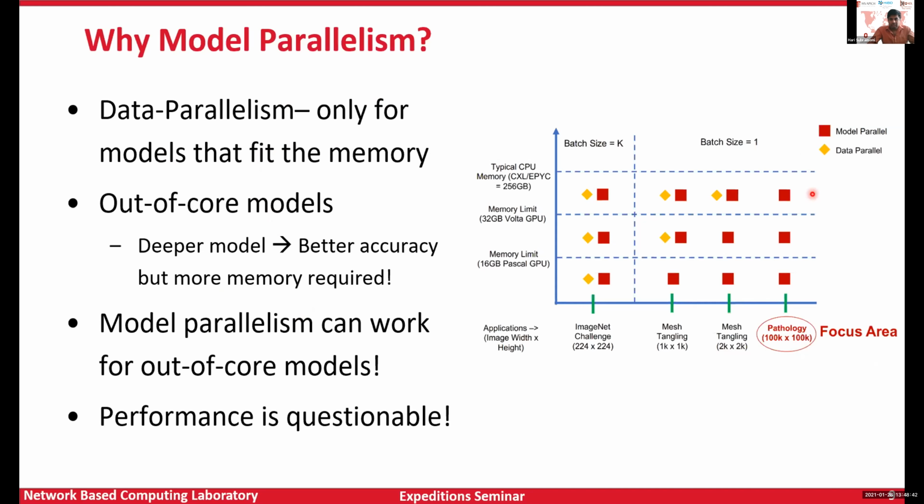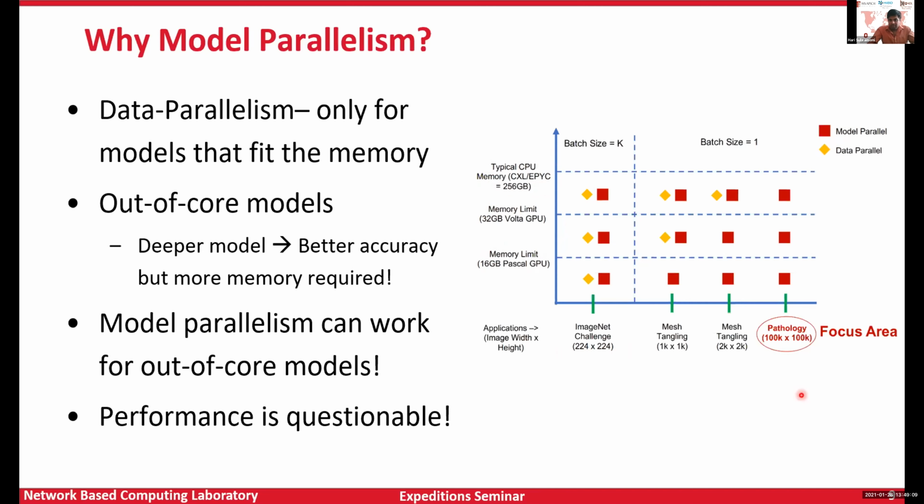This is a graph which shows different kinds of data sets and what kind of models can be applied for those data sets on different compute architectures, like your Pascal GPU from NVIDIA, or your Volta GPU from NVIDIA, or your Cascade Lake or Epic processors from Intel and AMD respectively.